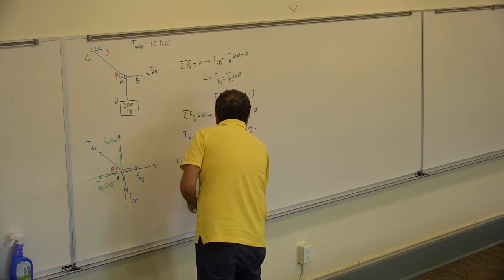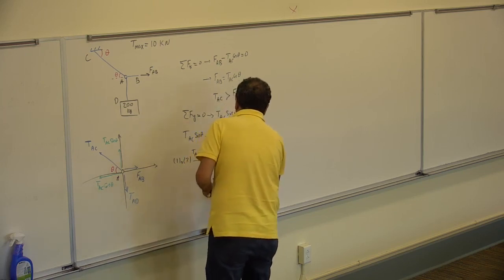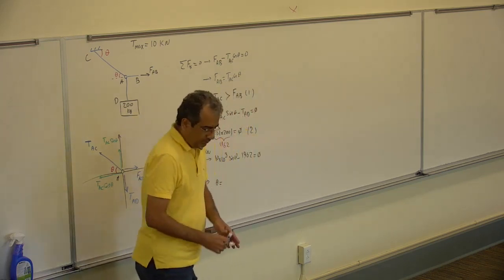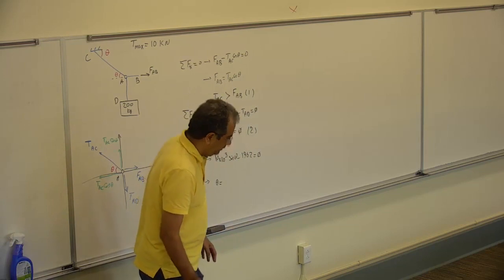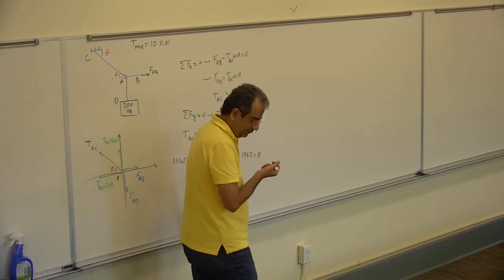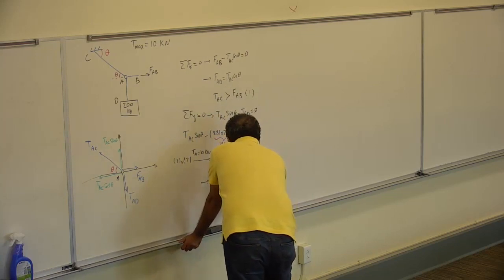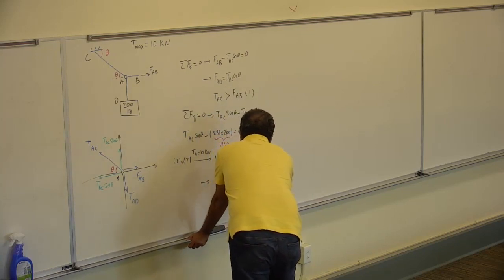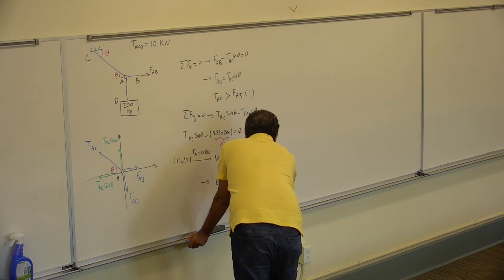Therefore the theta would be sine inverse of 1962 divided by 3 times 10 to the 3, which is going to be 11.3 degrees.